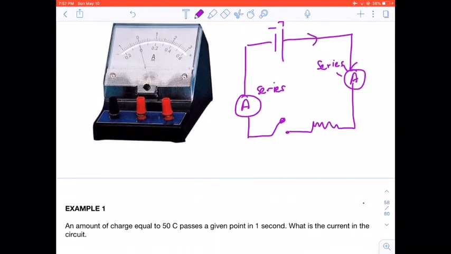Voltmeters have very high resistance, because they do not actually measure the current, they measure the potential difference between components, right? And so if I do this, that would be incorrect, because you cannot connect an ammeter in parallel, right? The ammeter has to be in series.